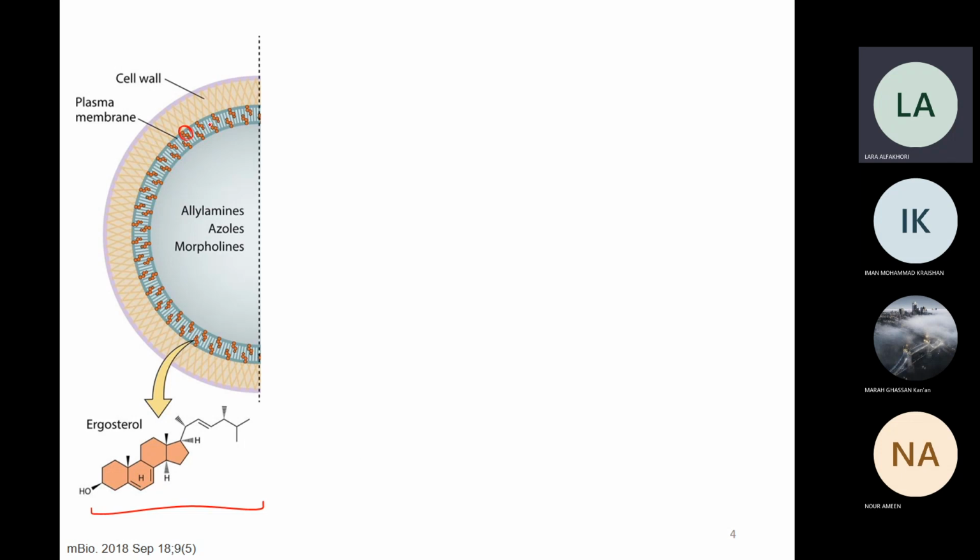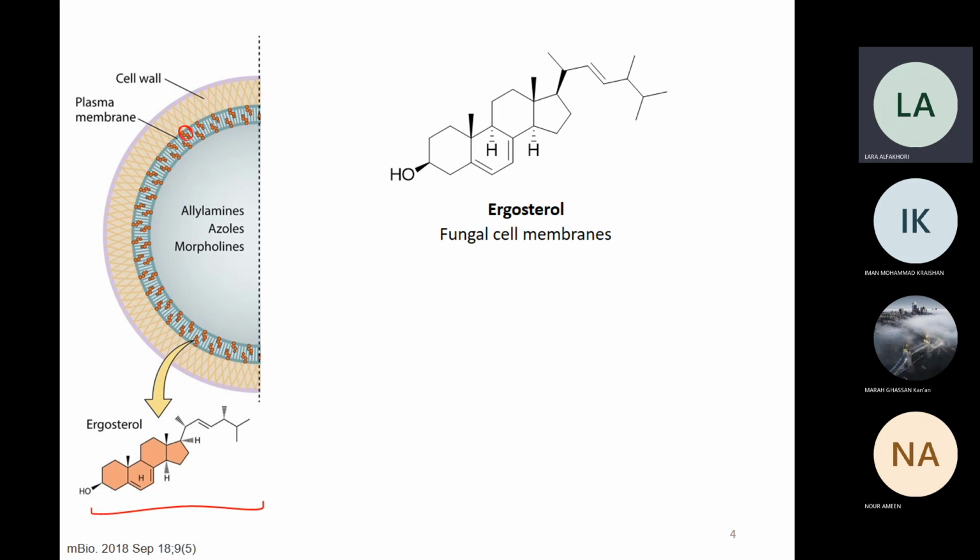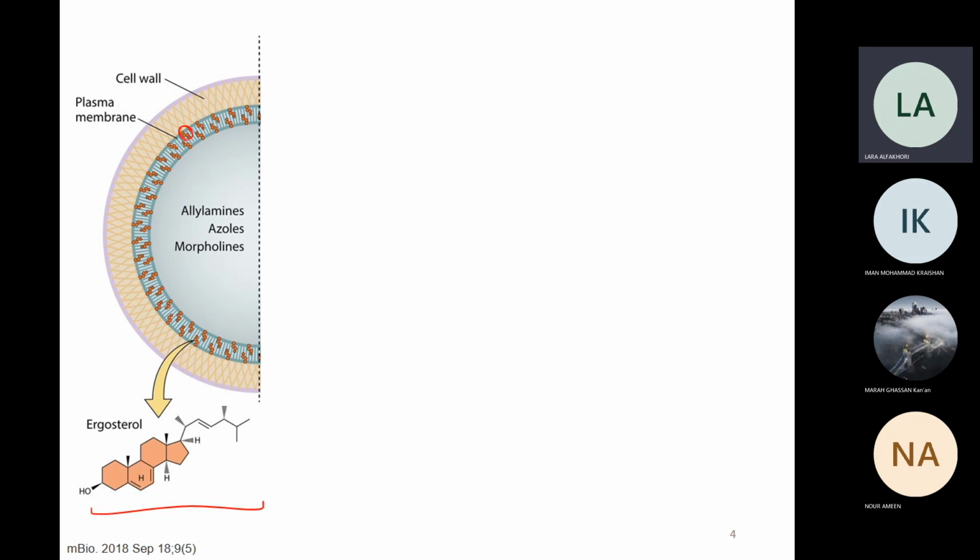Now, it is part of the structure of the inner cell membrane, very important for the fluidity and elasticity of the cell membrane. It plays a major role in the permeability of the cell membrane. Also, it is very important for the binding of the integral proteins that are supposed to be present in the cell membrane structure.